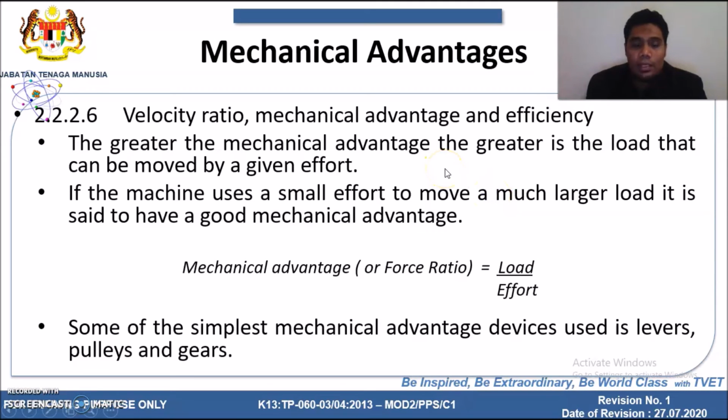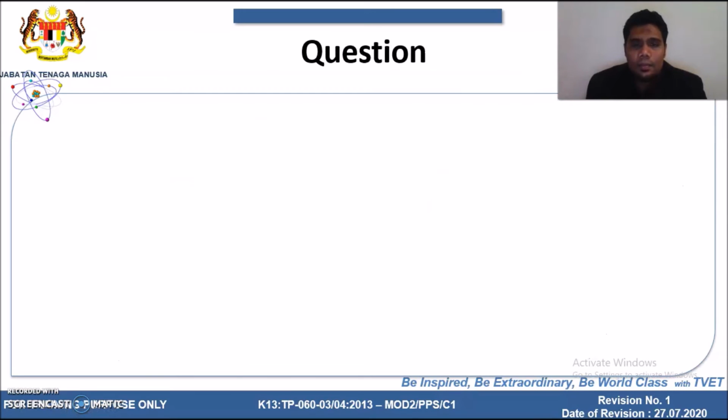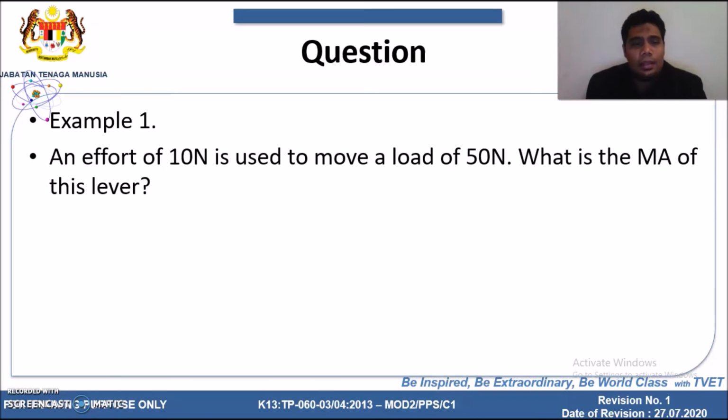Okay, we continue. If you have any question, you can let me know through our chatting here. Okay, let's take a look at another example for mechanical advantage. An effort of 10 Newton is used to move a load of 50 Newton. What is the mechanical advantage of this lever? We must remember mechanical advantage is the inverse of velocity ratio, that is load per effort.